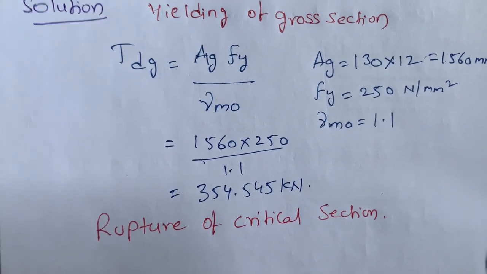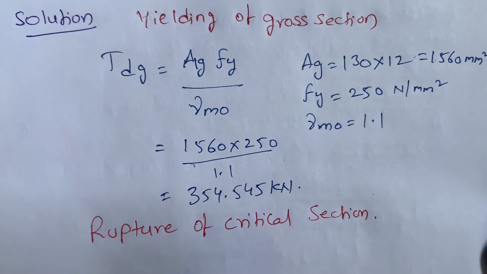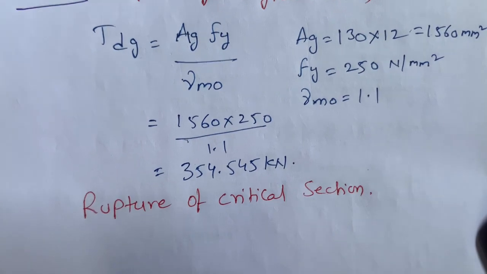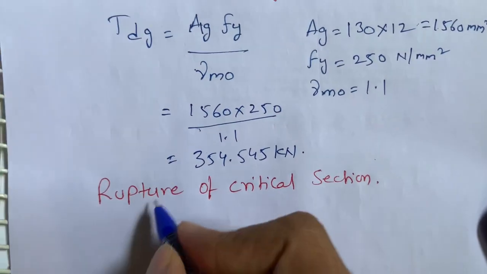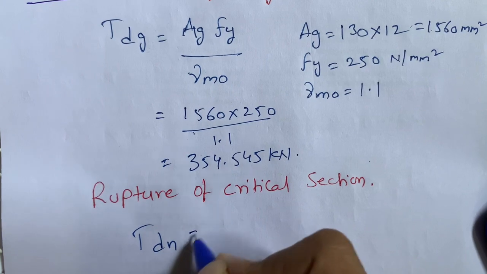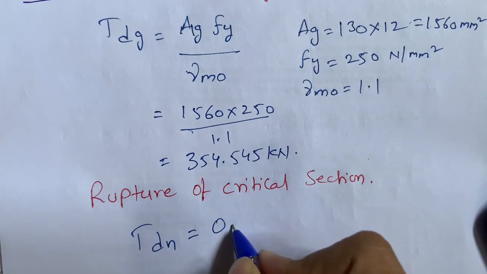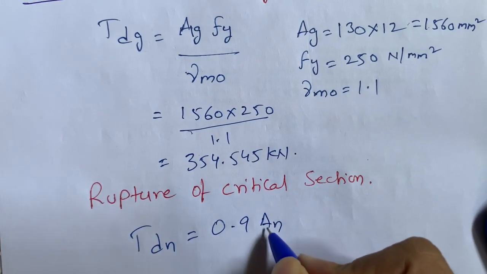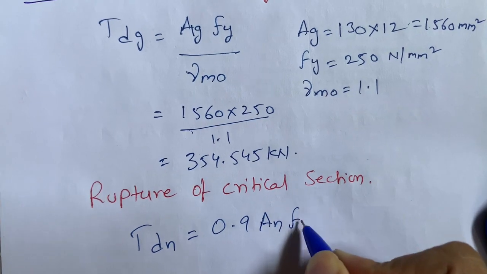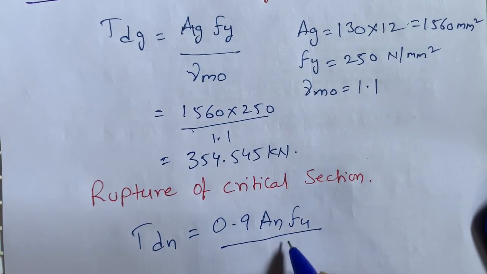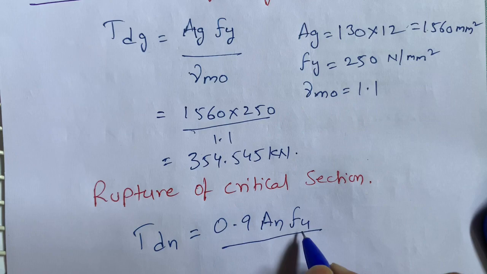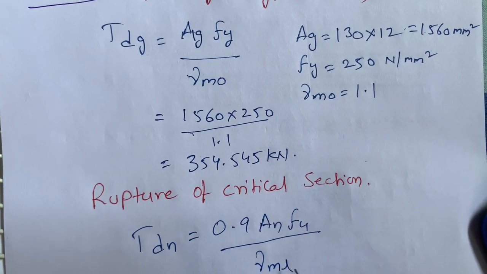This is also available on page number 32 in IS 800. The formula is T_dn equal to 0.9 A_n f_u by gamma m1. This is f_u, not f_y.